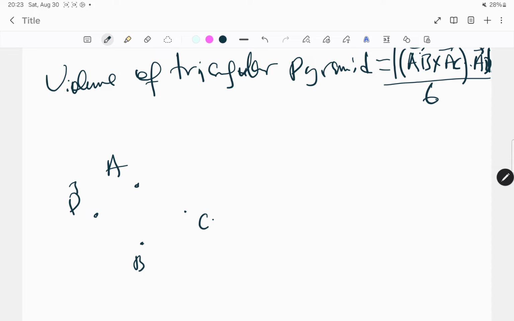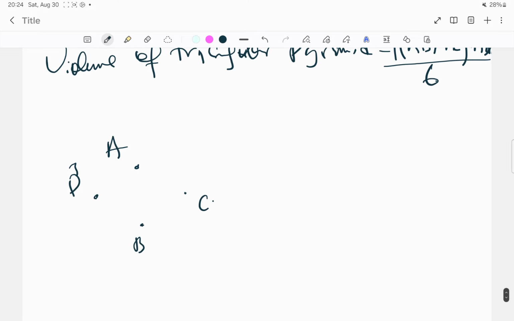If we are interested in the volume of the parallelepiped, all these points start from A, then they go here, so we have something like this.